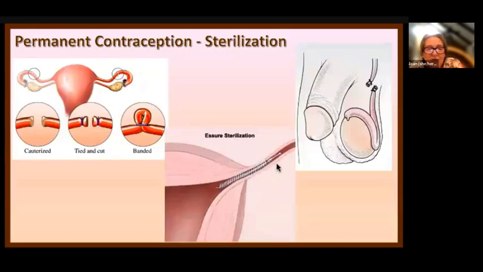This is another method that I had never even heard of. And this is when they put this Assure sterilization. They put a little threaded tube in there in the fallopian tubes so that the egg can't make it past this space to get into the uterus.